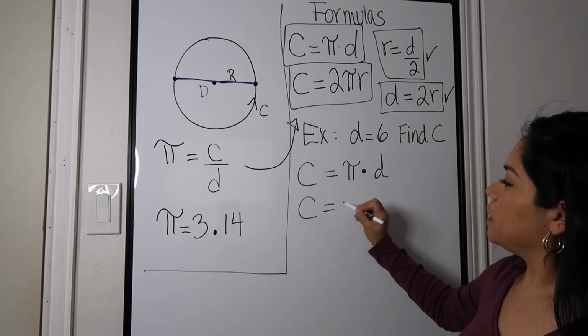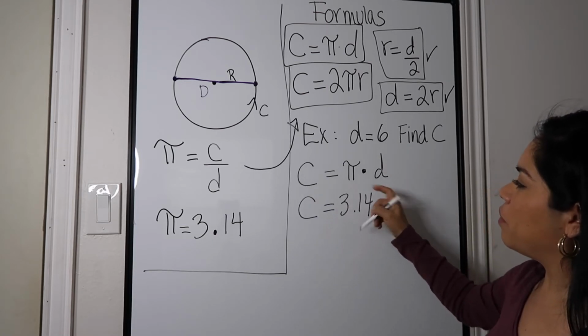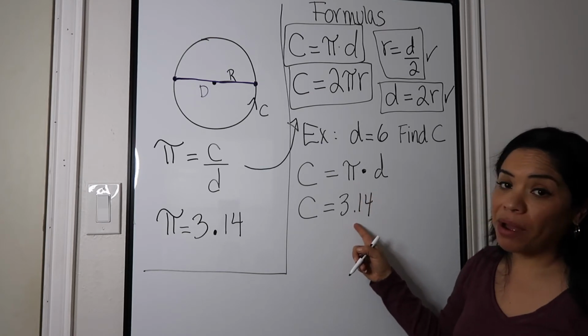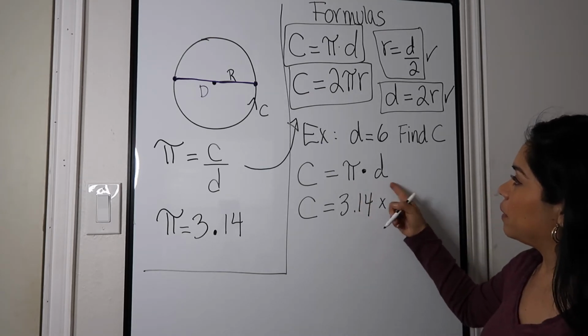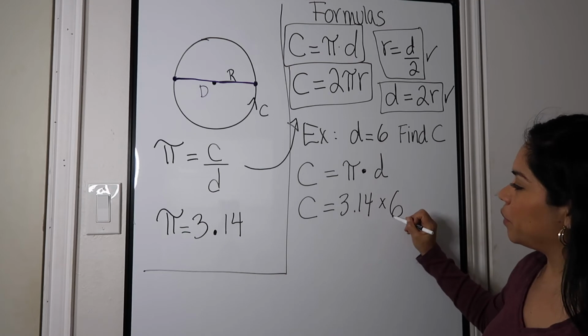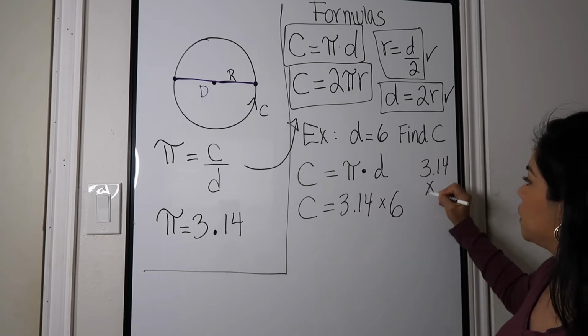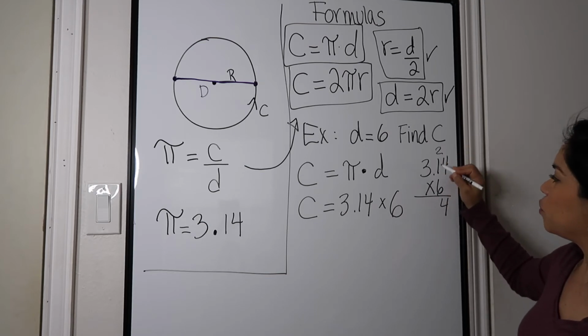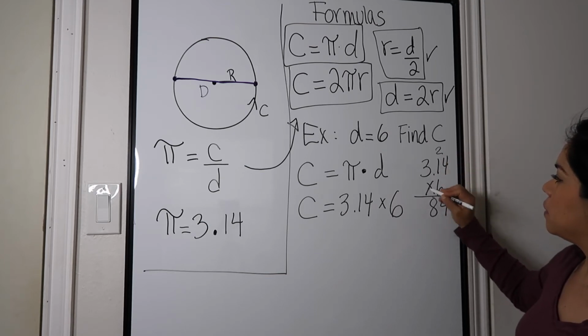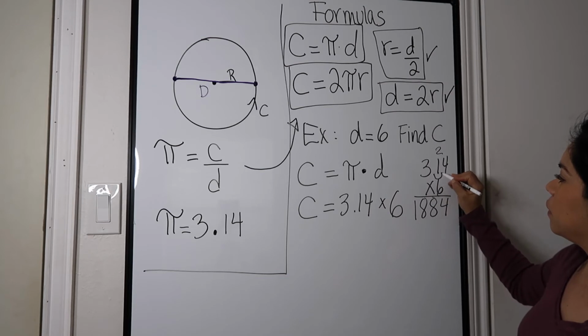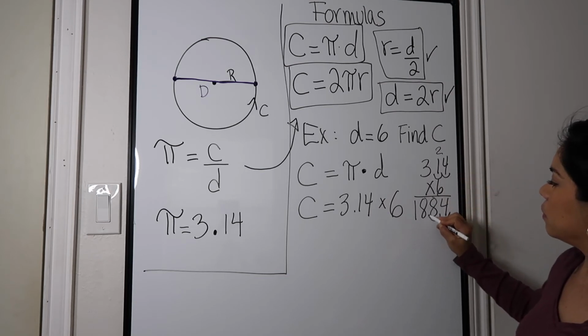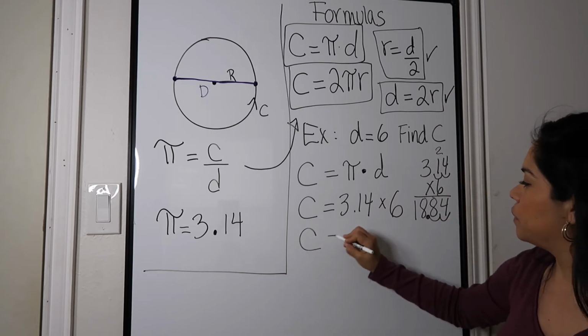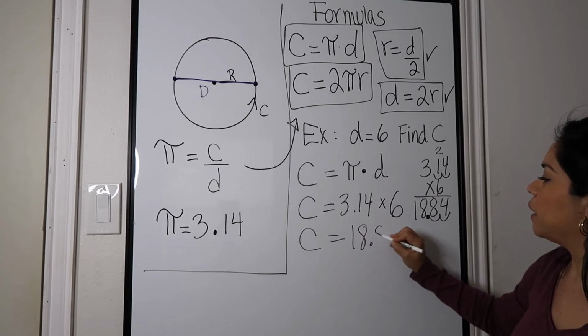So circumference equals 3.14, which is what we use for pi, multiplied by 6, since that's the diameter given. 3.14 times 6. 6 times 4, 24. 6 times 1, 6, plus 2, 8. 6 times 3 is 18. Move your decimal, and the circumference equals 18.84.